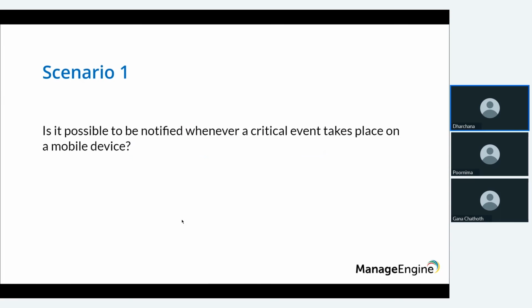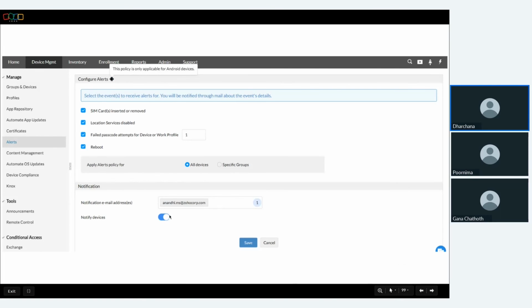First scenario, is it possible to be notified whenever a critical event takes place on a mobile device? Yes, it is possible. We have recently introduced a new feature called alerts, using which you can create an alert policy. So to receive alerts on device events, like whenever a SIM card is inserted or removed, whenever the location services are disabled or enabled.